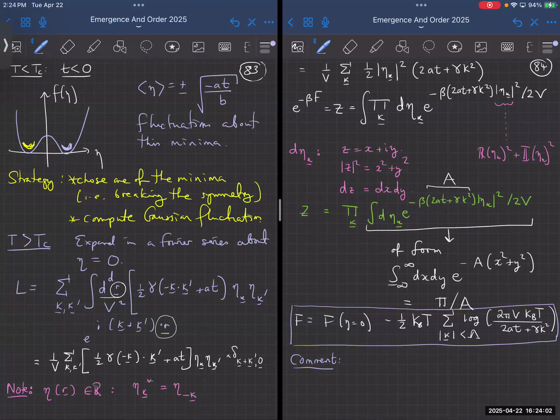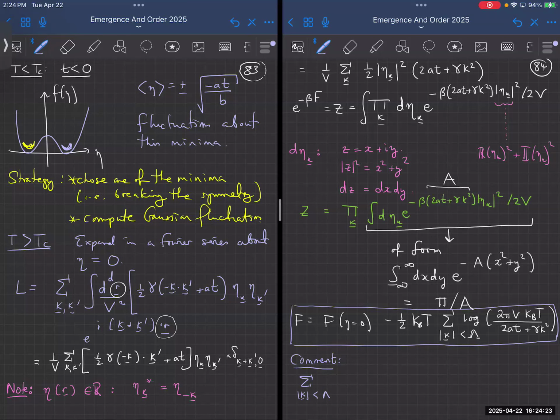So when we do the sum over k modes whose magnitude is less than lambda, that sum is only over half of k space, because if I sum over all of k space, I'm double counting.